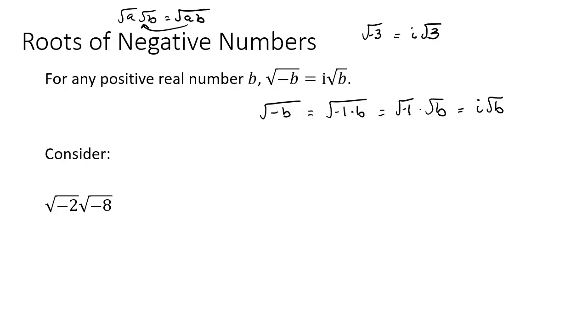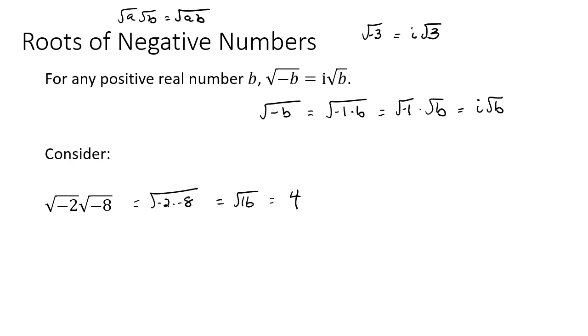For the first way, let's directly apply the property of radicals, which is an extension of the property of exponents. This is the square root of two numbers multiplied together, so we should be able to do this as the square root of negative 2 times negative 8, which would turn into the square root of positive 16, which, because 16 is 4 squared, would just give us 4.